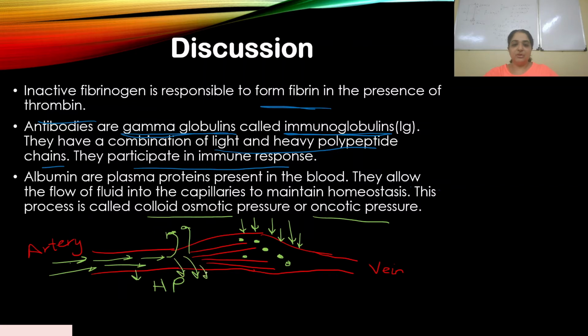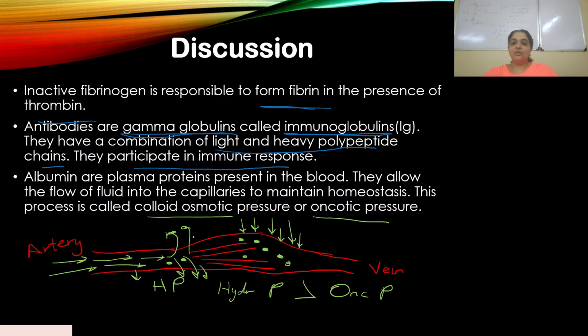Albumin is also present here, but the hydrostatic pressure, the pressure by which fluid is being pushed out, is more than the oncotic pressure in this region. So fluid is being pushed out because of the very high pressure coming from the artery.